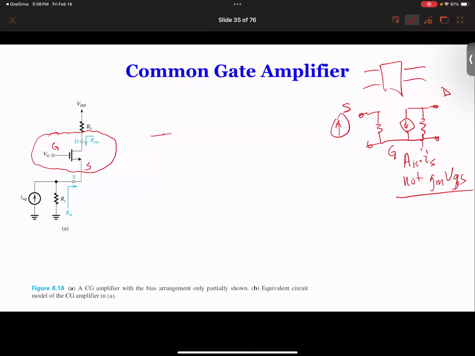Now, if we know the equivalent circuit of this thing here, we can draw the whole thing starting from the input. Then we have RS, ground, and this RS connects to this.